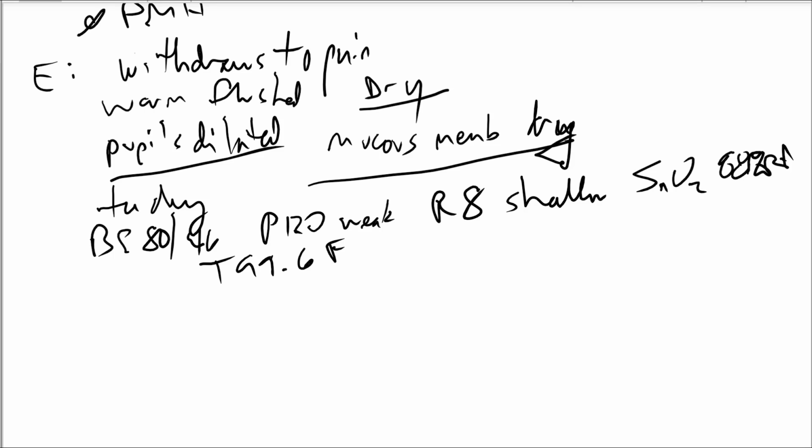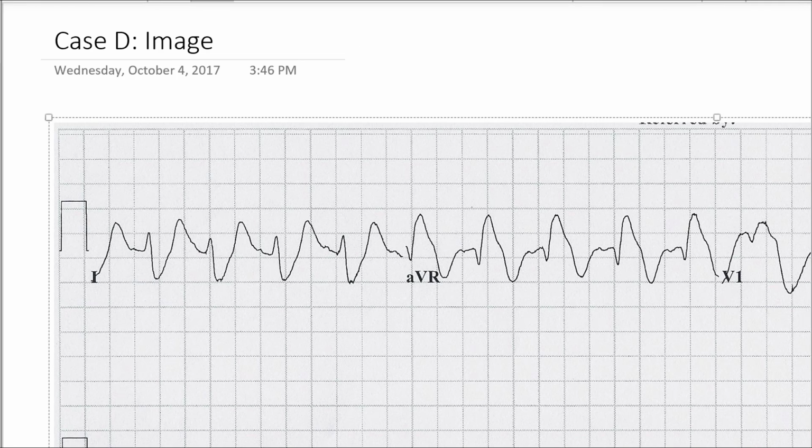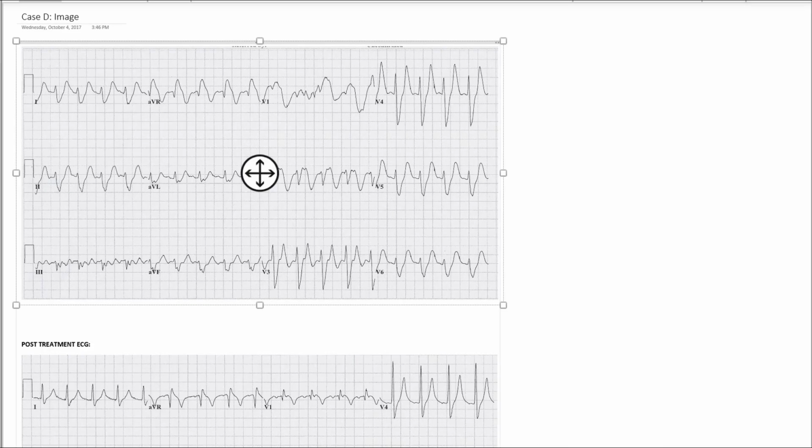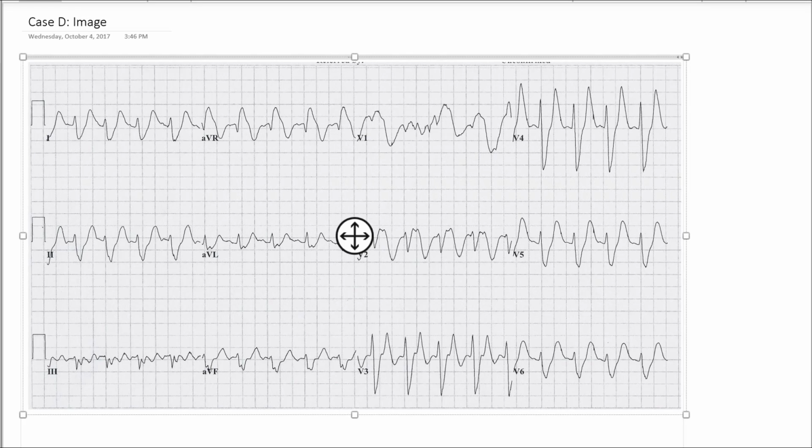Well, one thing that could be offered is a 12-lead EKG. Let me switch over to that image there, and we'll bring that image to where we can see that. So here's her EKG.